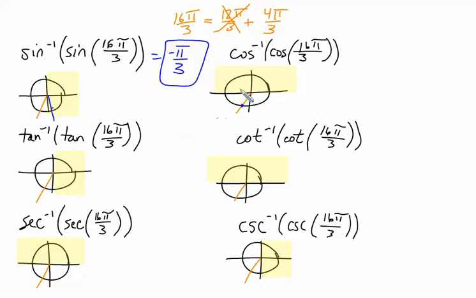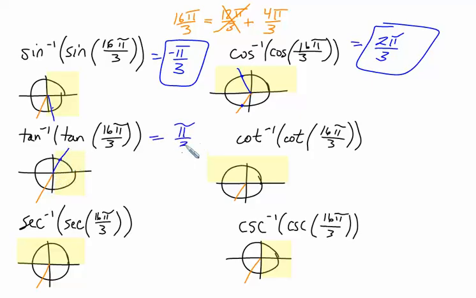And it has to be in the highlighted region. What would be up here? That would be the same x-coordinate, and that's at 2 pi over 3. Over here, the tangent at this particular spot would be positive square root of 3. Up here would also be a tangent of positive square root of 3, so our answer is pi over 3.